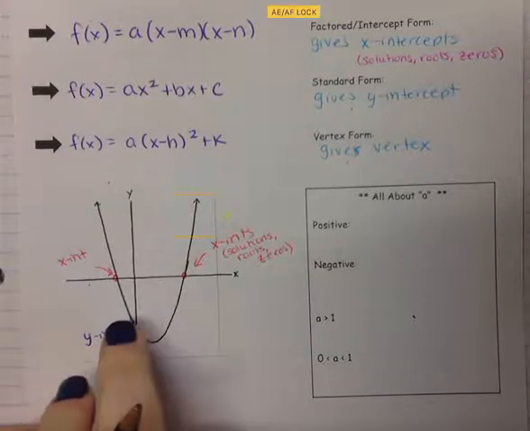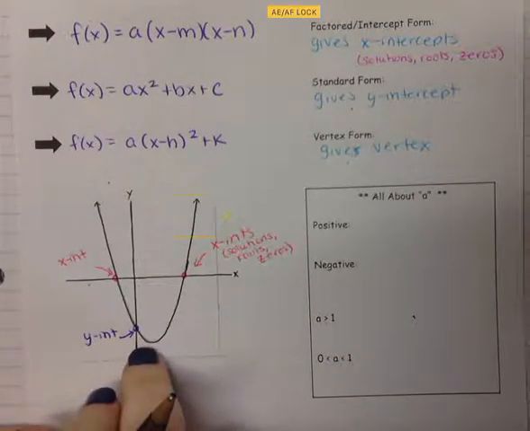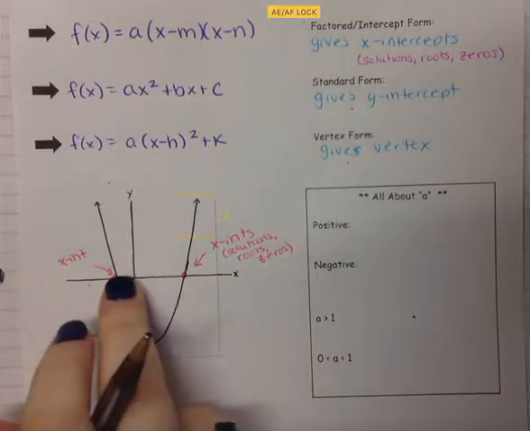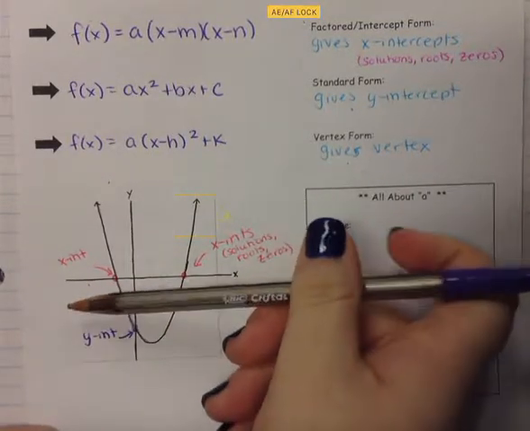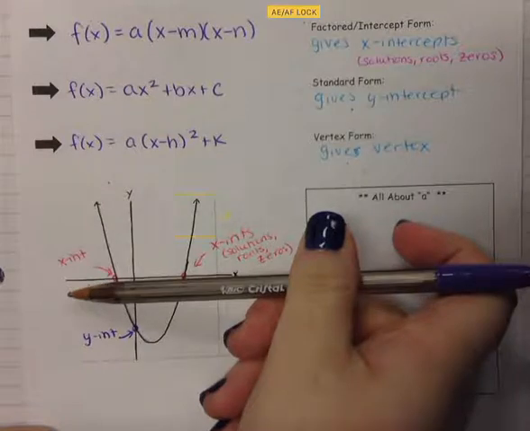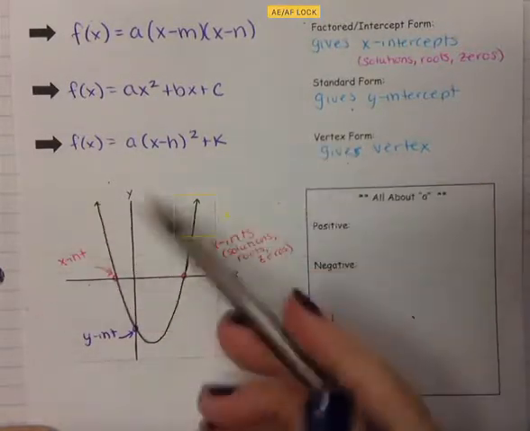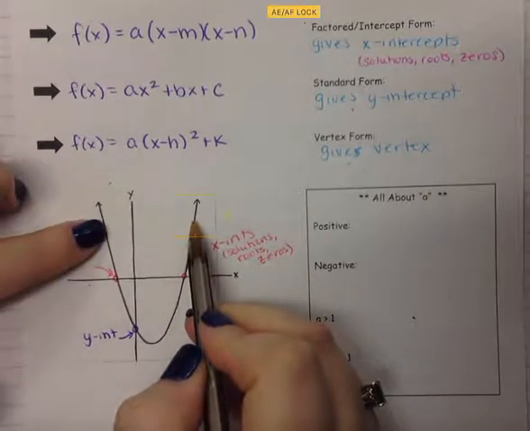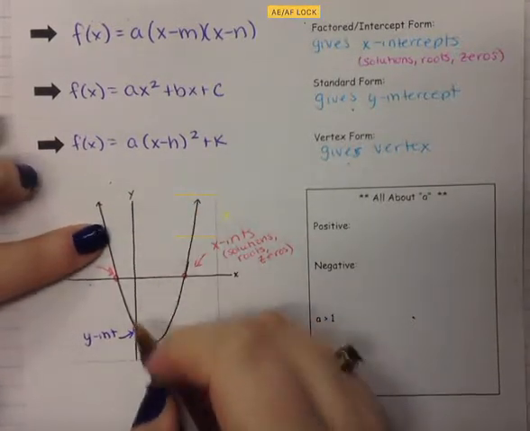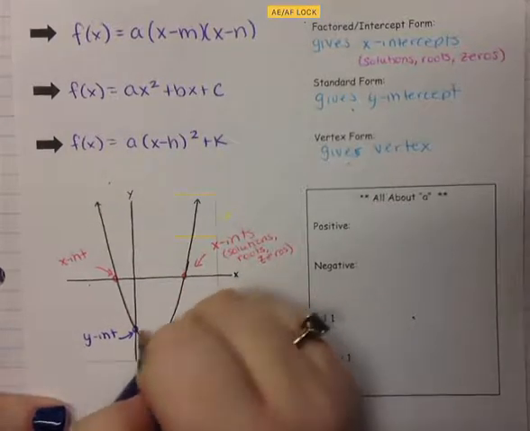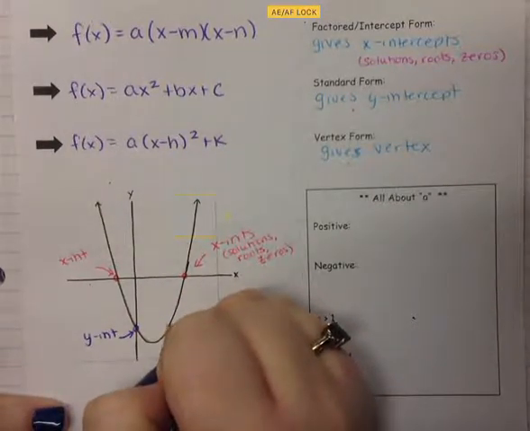Because it's a parabola, do you notice that these are on the same y value? If I can draw a line through it, I can also do the same thing on any point on the graph. It'll be at the same y location, just on different x locations. So I can actually find the mirror of this y-intercept by just going over to the other side of the parabola.